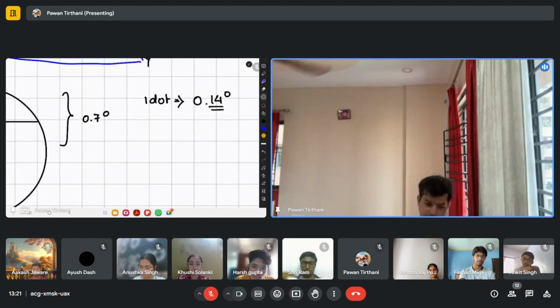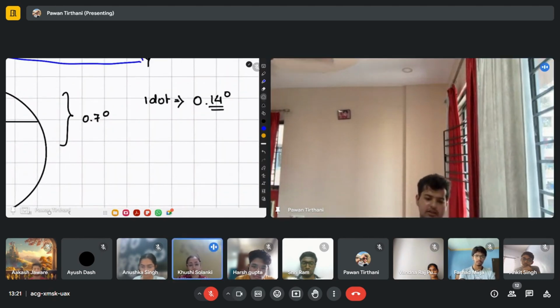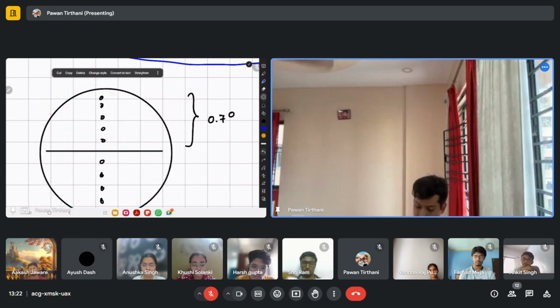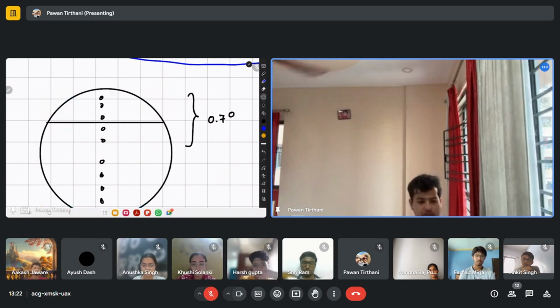Okay. 0.14 को आपने आधा कर दिया. 0.14 is for 1 dot, okay? कैसे देखना है? This is called half scale deviation.